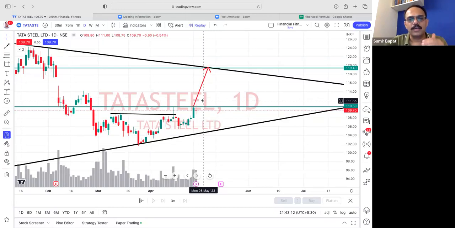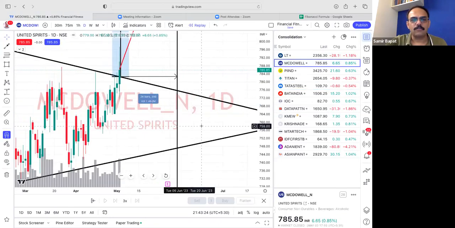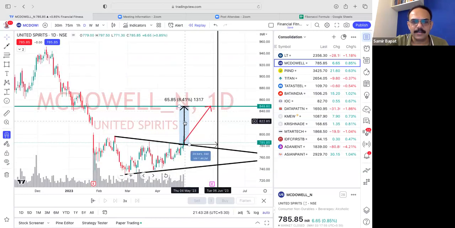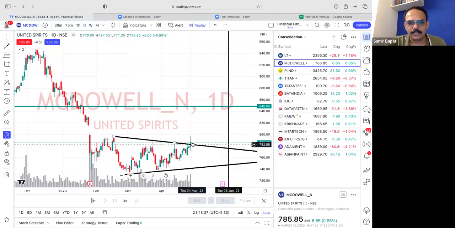Strategy number two is wait for it to close properly. Like here, we have the LNT example of McDowell. If you are seeing here today, peacefully, it has closed above our line.